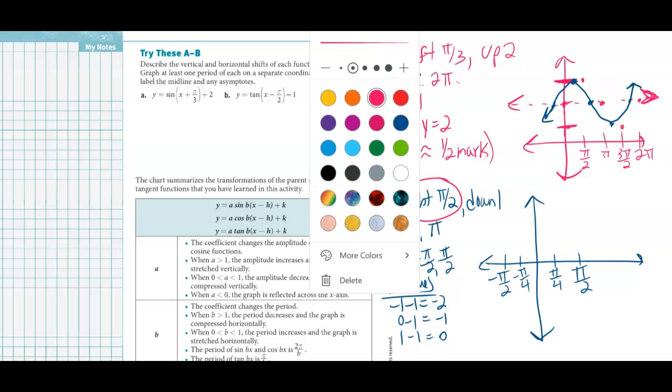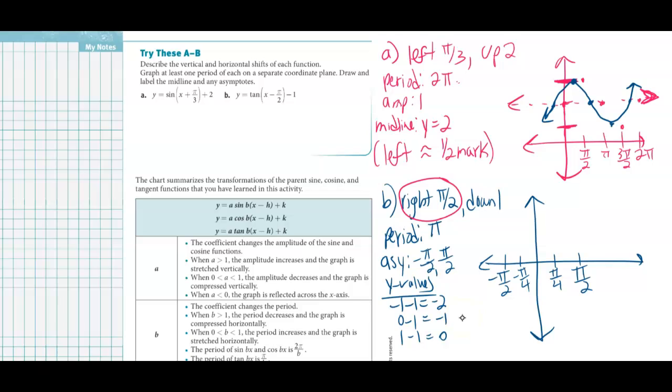So here that's 2 tick marks is pi over 2. So here would be my original asymptotes. Now they're going right 2, so I'm going to go 1, 2, right, asymptote, then 1, 2, right is my other asymptote.